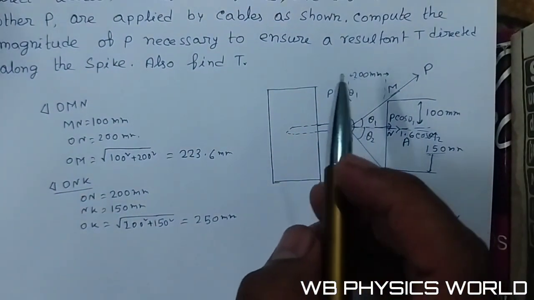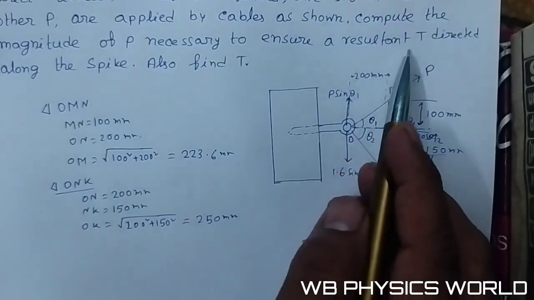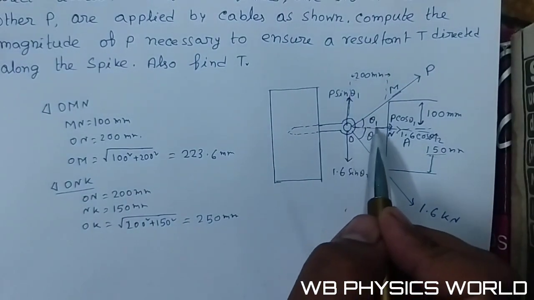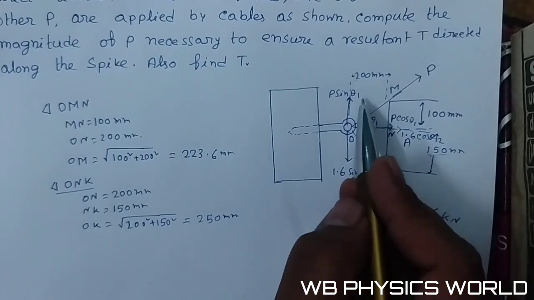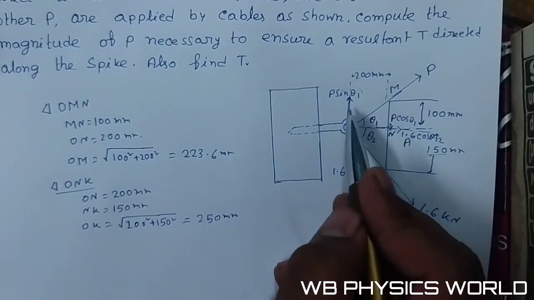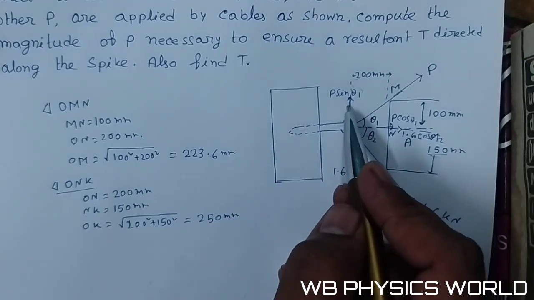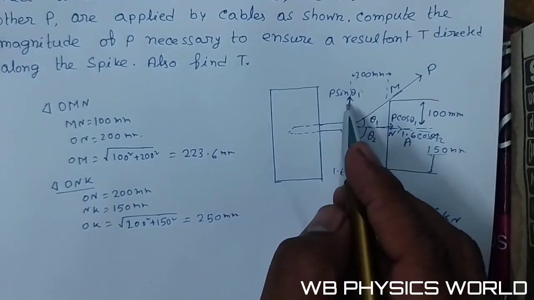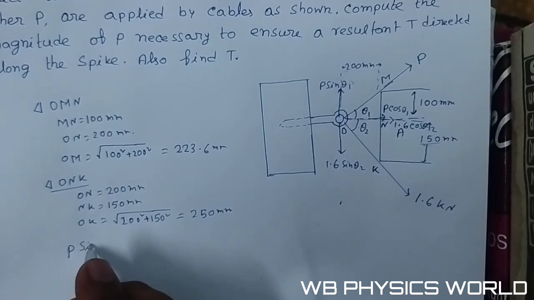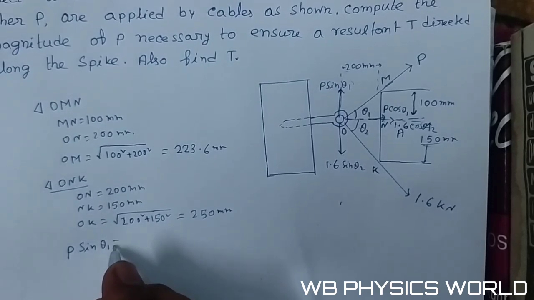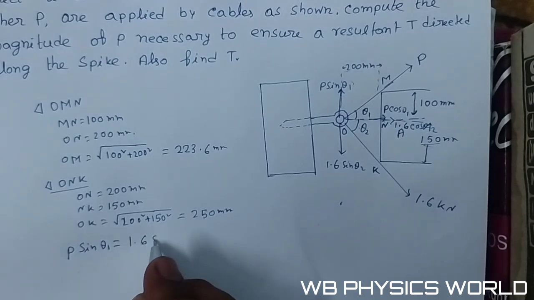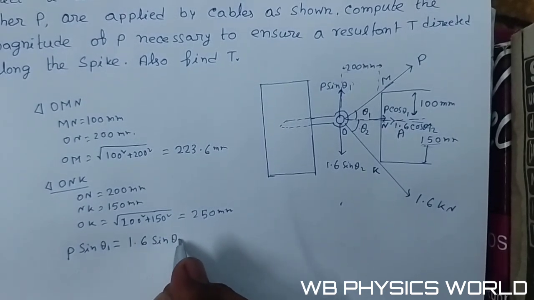Now here the resultant force is directed along the spike, so the vertical components of the two forces are equal and opposite to each other, that is P sin theta 1 equal to 1.6 sin theta 2.